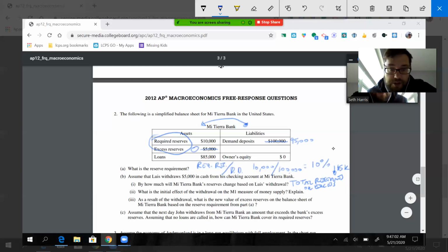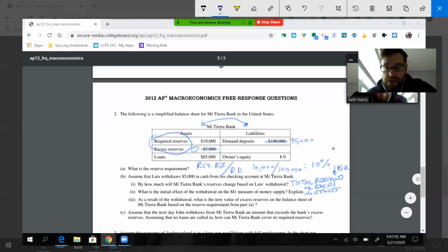Part 2, what is the initial effect of the withdrawal on the M1 measure of money supply, and explain. Well, this is no effect. This is one of those questions where they ask about M1. Both cash and demand deposits are considered part of M1.